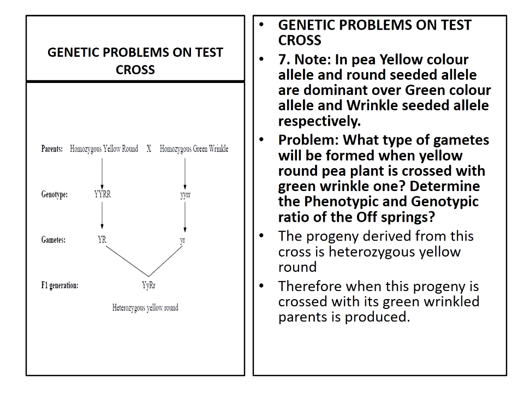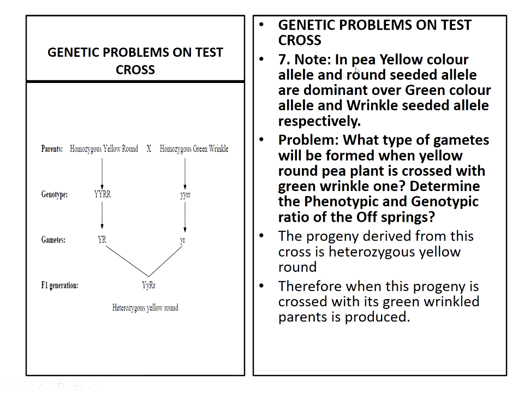In the test cross, we always use the recessive parent, and it is used to determine whether an individual is homozygous or heterozygous for a trait. So let us move on to the problem.